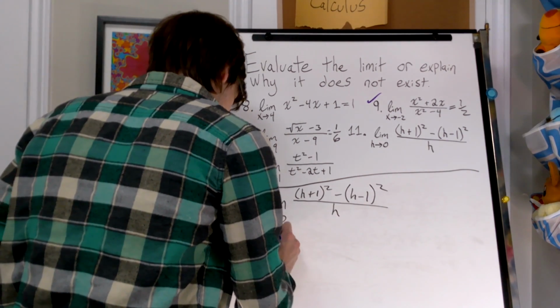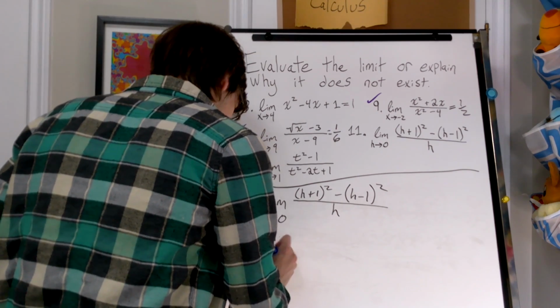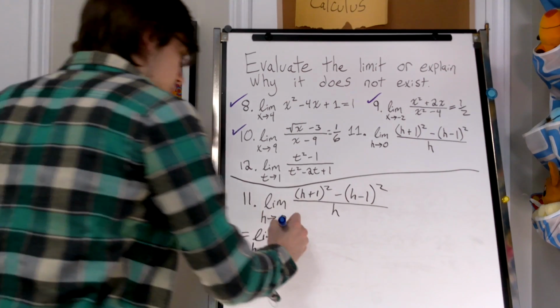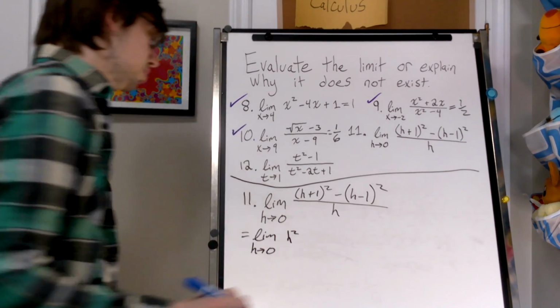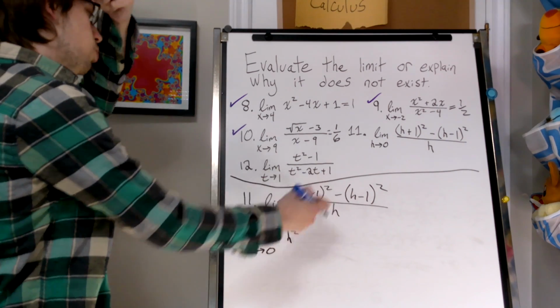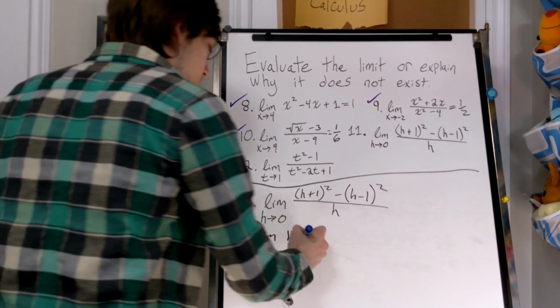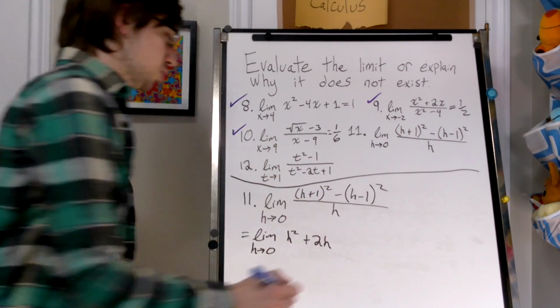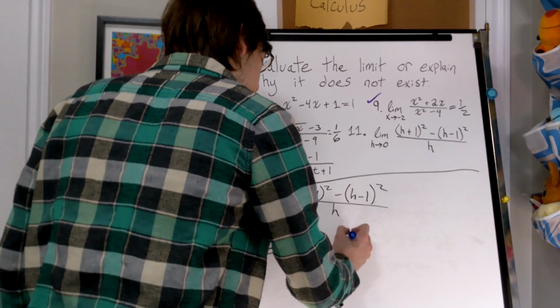So, the limit as h approaches 0 of, let's FOIL the first one. H times h will be h squared. And then what will we get? H times 1 and then 1 times h, 2 h's. Positive 1 times positive 1 is 1.